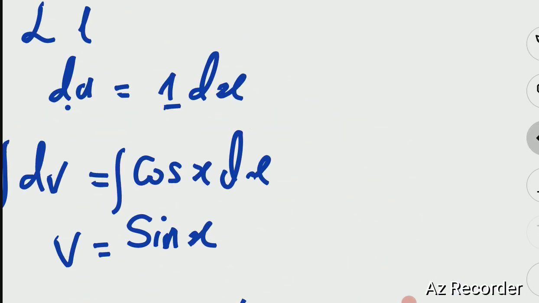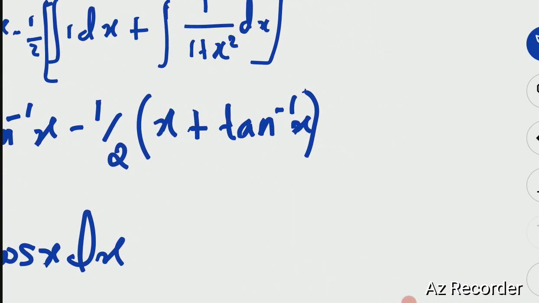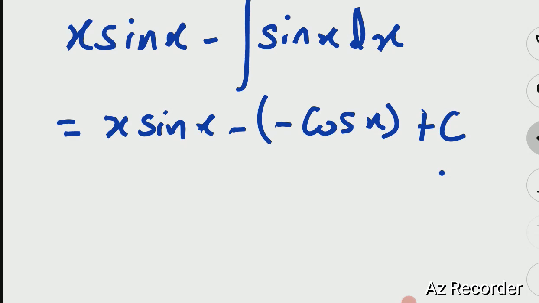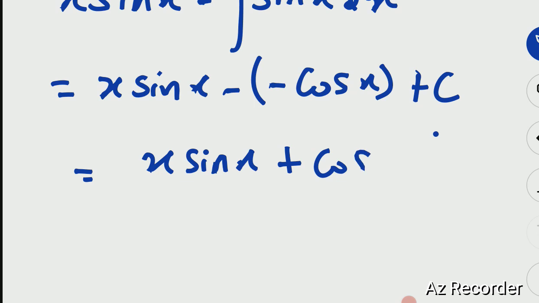Remember, for the first one that we solved, you must put plus c or k because limits were not given. So do the same here. After opening the bracket, our final answer is x sine x plus cos x plus c, which is our final answer for that question.